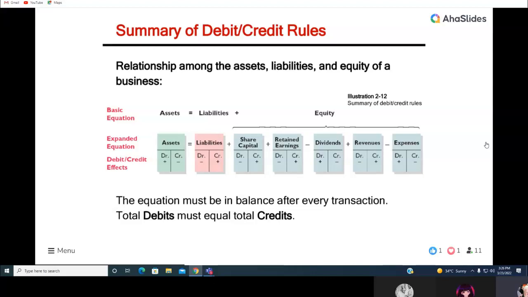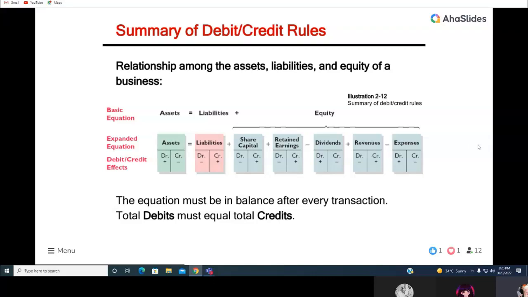Or if there's a decrease in the liability account. If I sell share capital, well, it's only a credit. I don't often give back share capital. I sell share capital, I get the money, but I don't give back the money. Retained earnings, dividends, revenue.